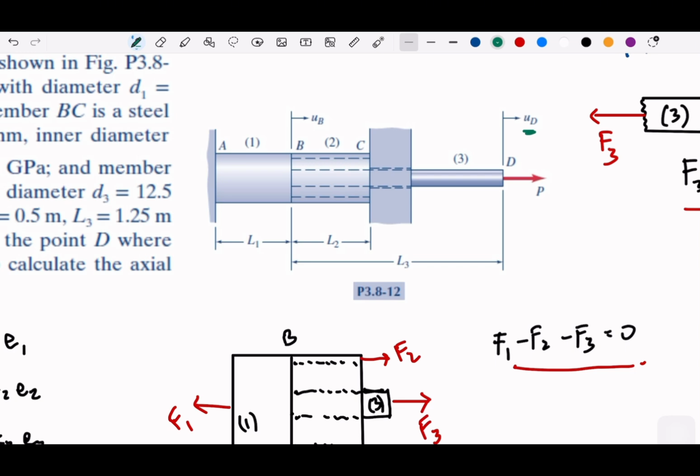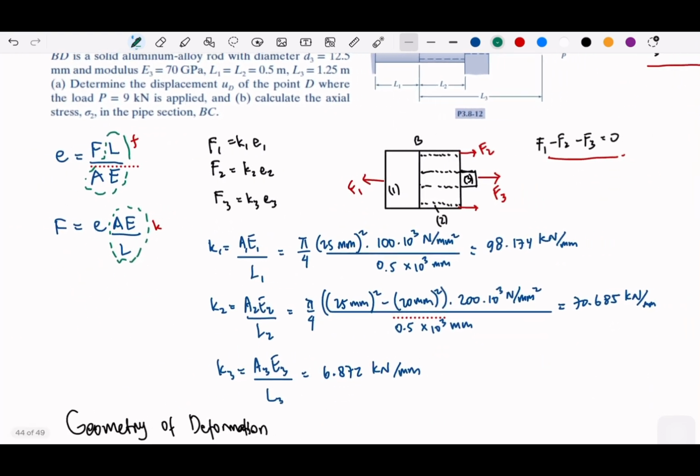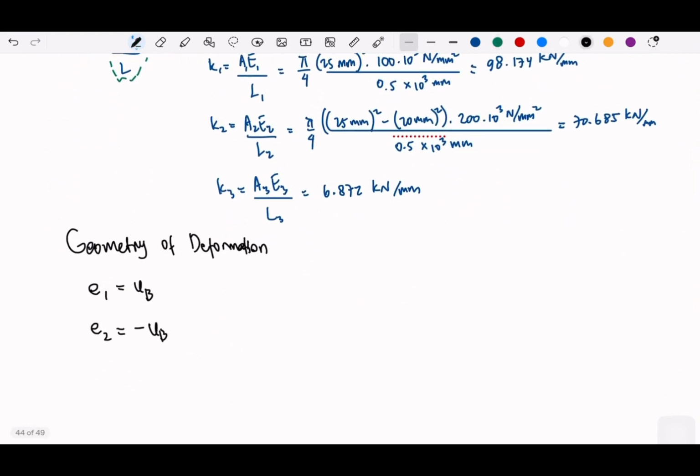If we consider the first element is increasing, then the second part and the third part, because they are in line in one segment, are going to be negative displacement of UB. So this will be UD minus UB, or minus UB plus UD.